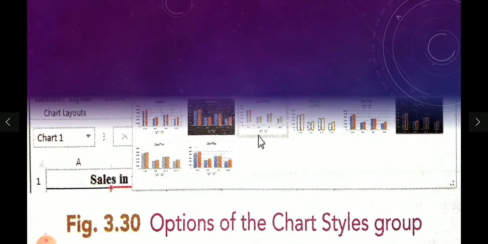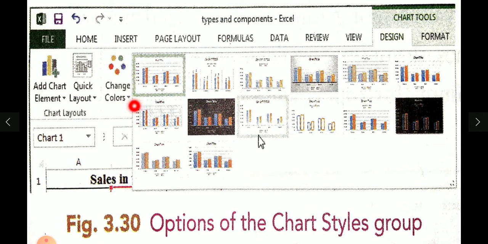For example, let's see. This is how we will get the chart options. Here in the tab we will select Design, and there we can select how our chart must look.